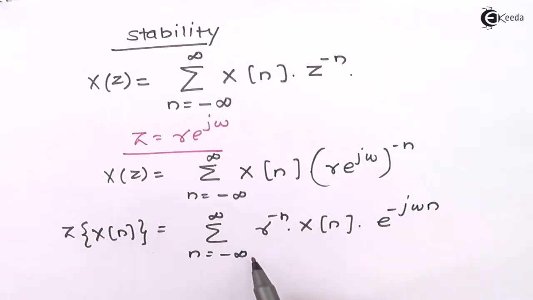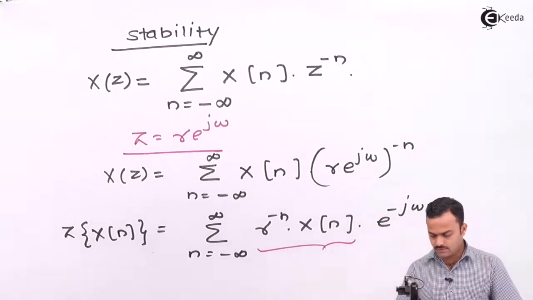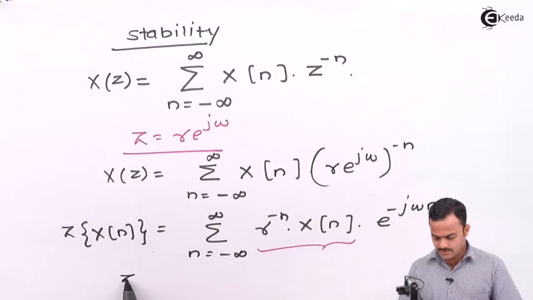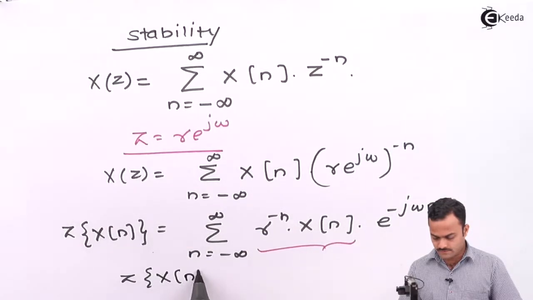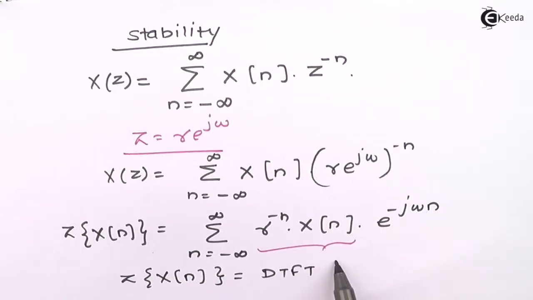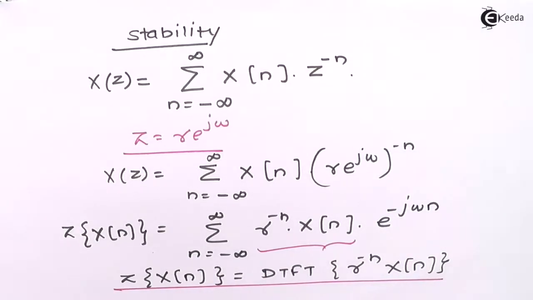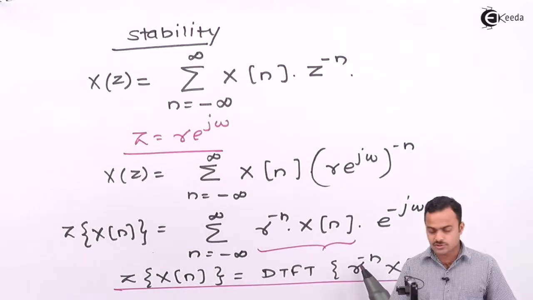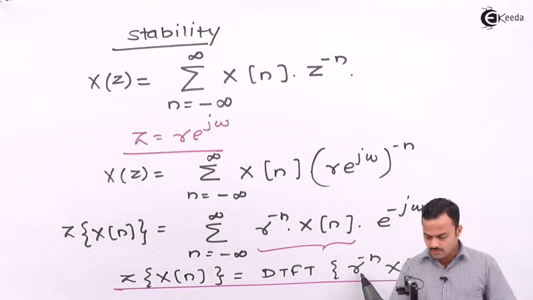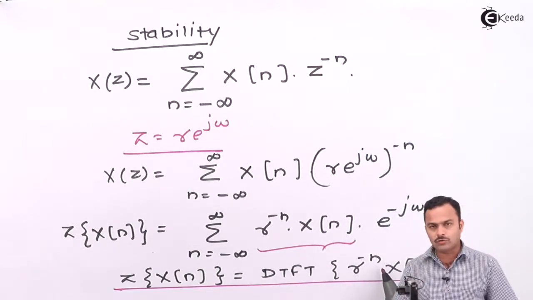Now we know the Z transform of x of n is nothing but the discrete time Fourier transform of r raised to minus n x of n. So what it's saying is that the Z transform of any signal can exist, but for a Fourier transform to exist, this should be summable. That means this should reduce to 0 with the increase in the value of n.